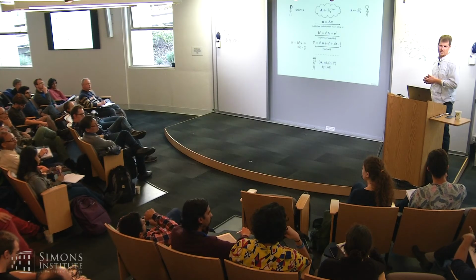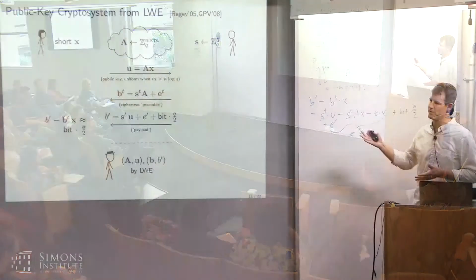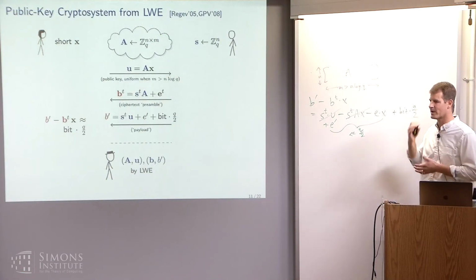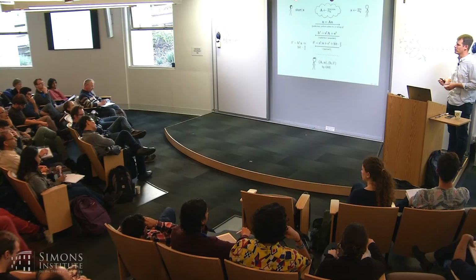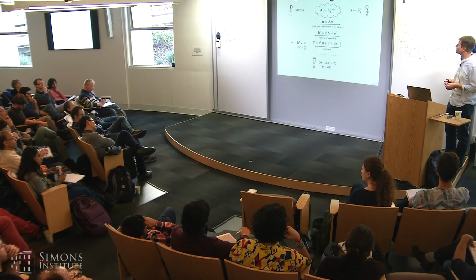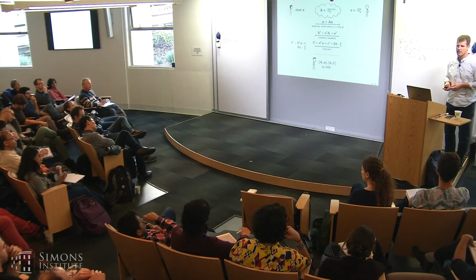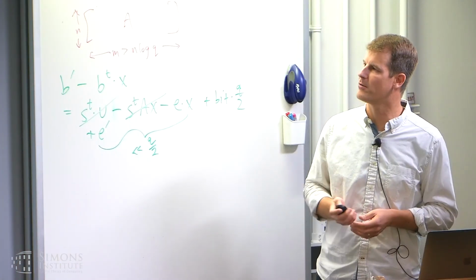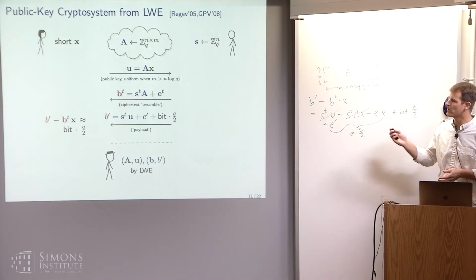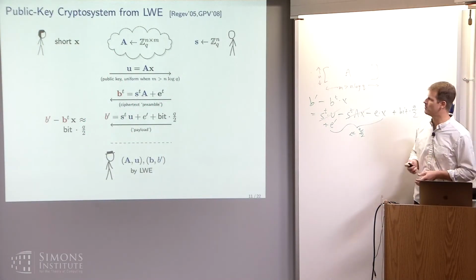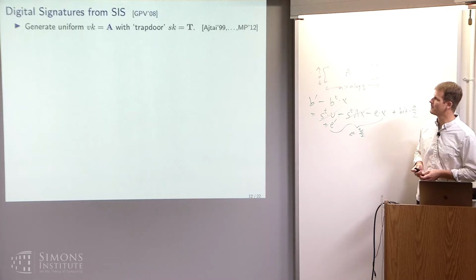If you have one vector in the trapdoor, that's all you need to decrypt. I kind of see it as the same thing. Well, I guess a more powerful version of it. Okay, so those are some variations of public key encryption you can do, but they're all basically morally the same.